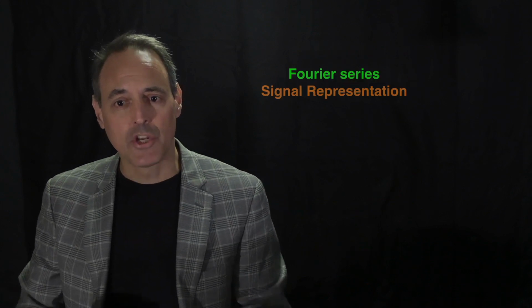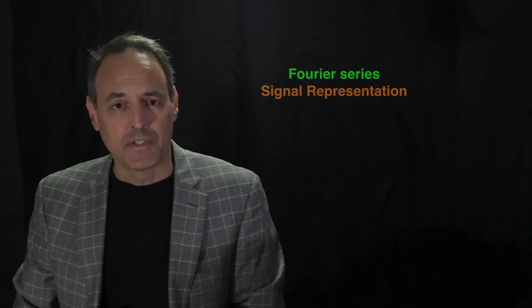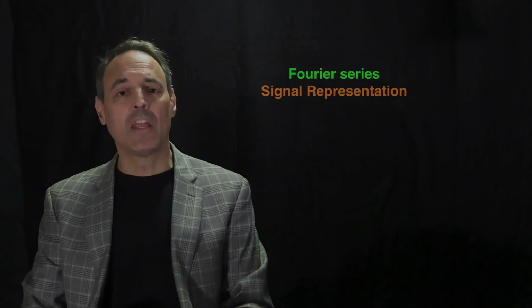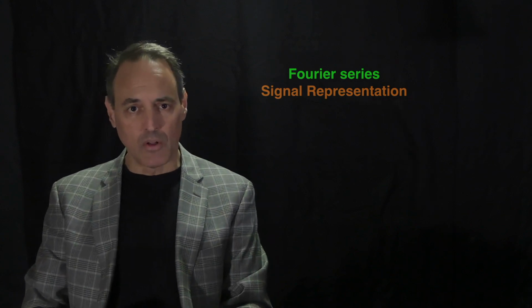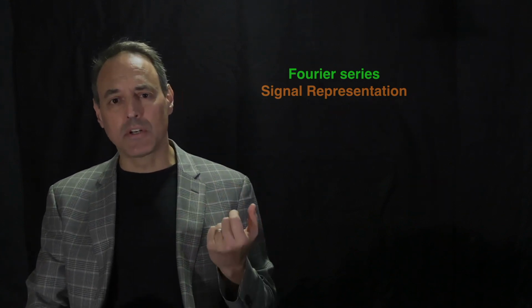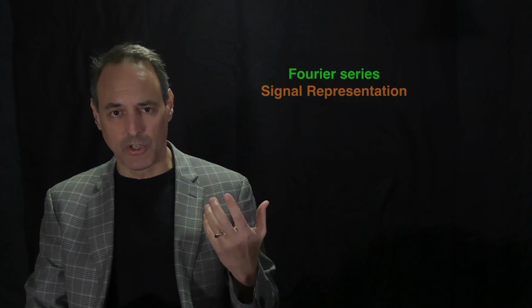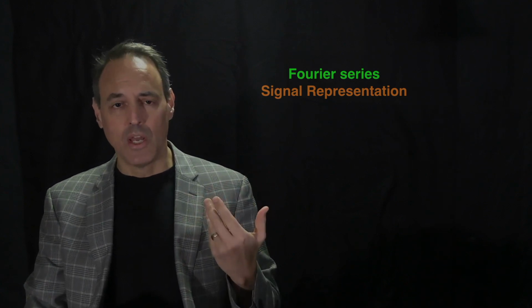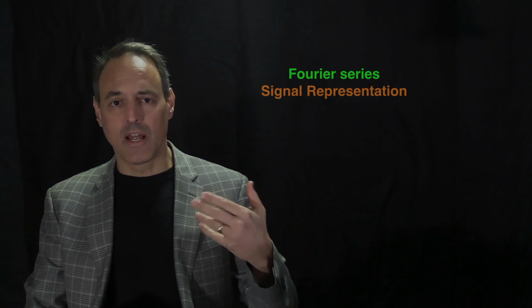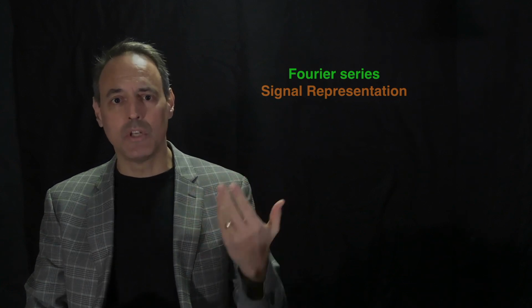Okay, so Fourier series is going to be a way of thinking about representation of a signal. Another way to think about it is the Fourier series are going to be a coordinate system we're going to use to represent signals. So one way to think about it is you're going to have things like cosine t, cosine 2t, cosine 3t.